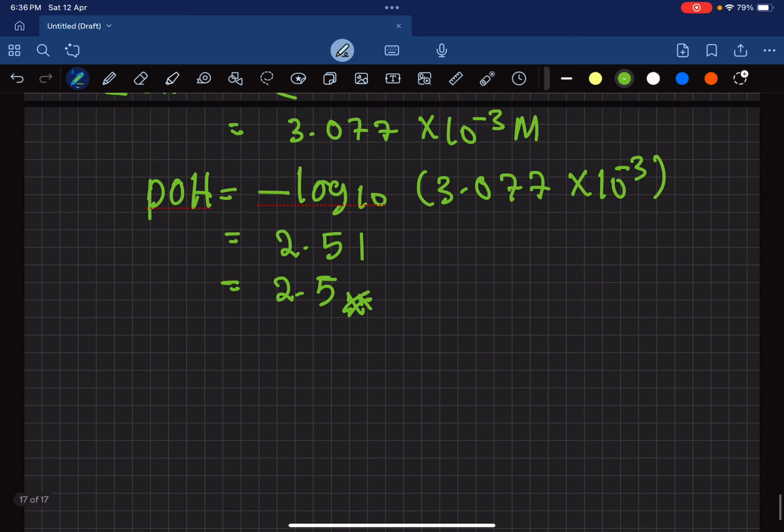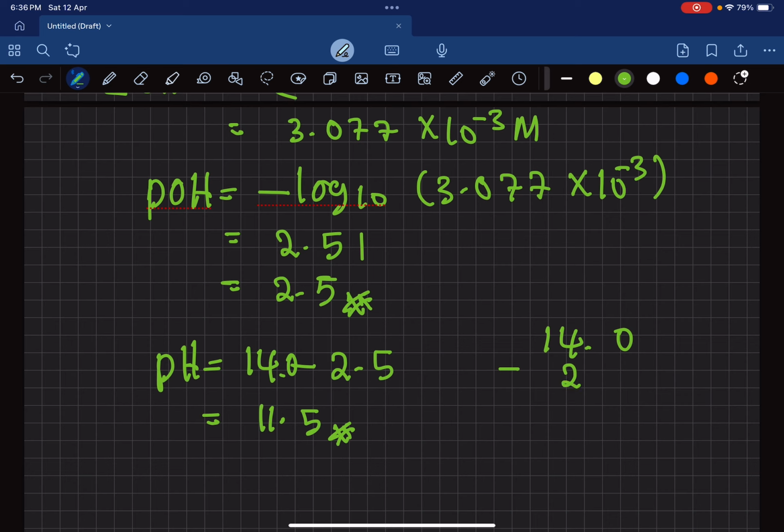But I'm not done yet. pH will be 14 minus 2.5, right? So this is supposed to be 14.0. If you take 14.0 minus 2.5, you get 11.5.